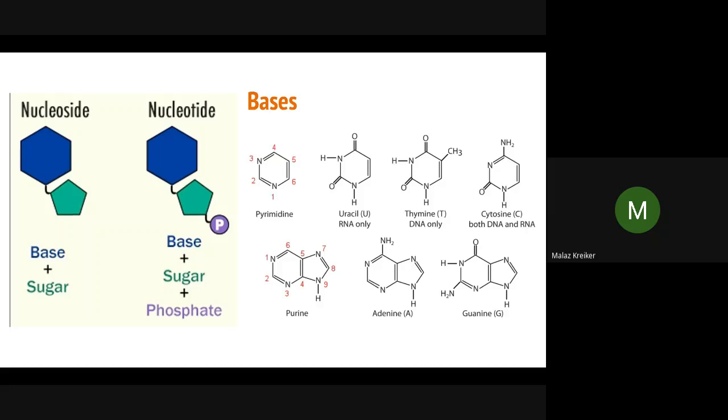So pure, purine, A as adenine, gold, guanine. Does that make sense? Yeah, I just didn't know what the letters were standing for, but got it. Of course. Mnemonics are a lifesaver on the MCAT.